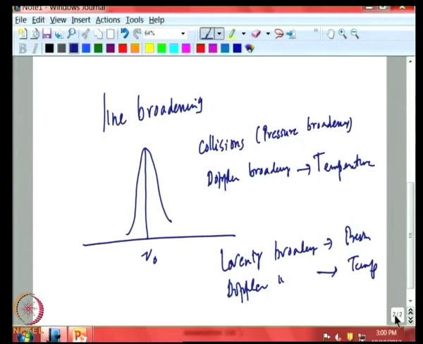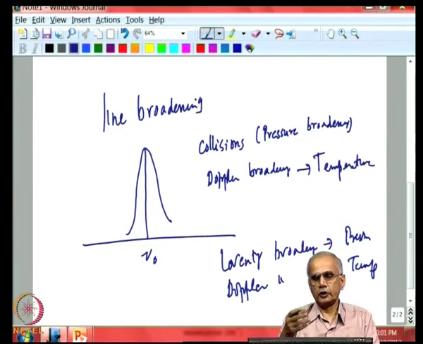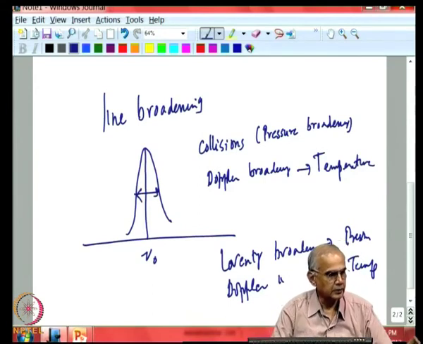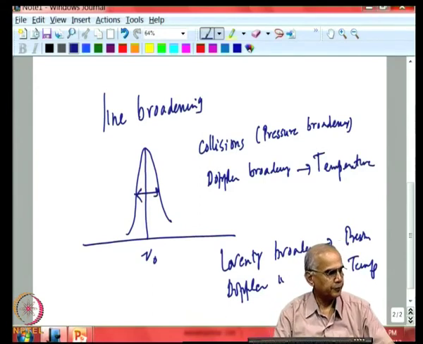More important is the Lorentz broadening, because at the surface the pressure is quite high, and so there are lots of collisions which alter the width of the line, and hence you need to take into account the role of collisions due to high pressure. The Doppler broadening is not that important at the Earth's surface, where most engineering applications are happening.